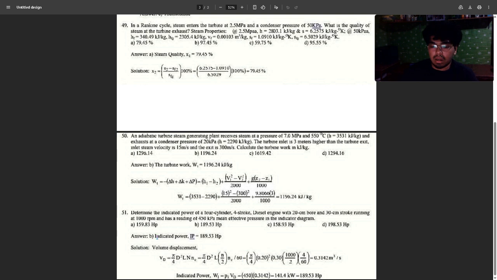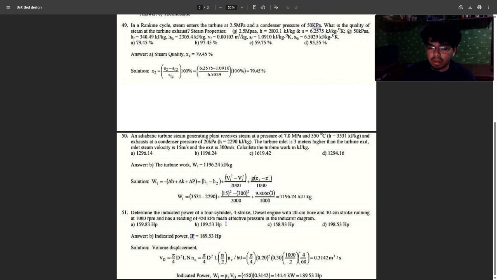Next, determine the indicated power of a 4-stroke cylinder diesel engine with 20 centimeter bore and 30 centimeter stroke running at 1000 RPM and has a reading of 450 kilopascal mean effective pressure in the indicator diagram.